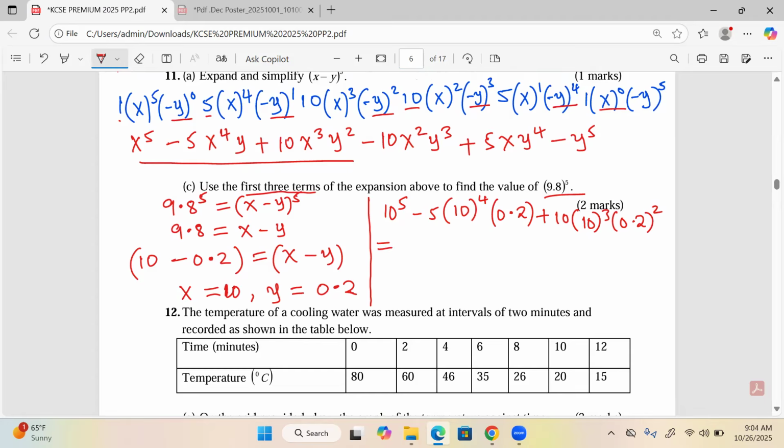So we compute this now. 10 power 5, that's 100,000. Then minus 10 power 4 times 5 times 0.2, giving us 10,000.